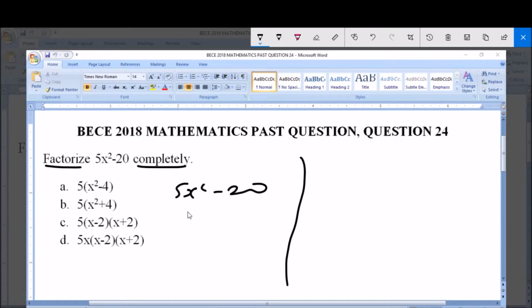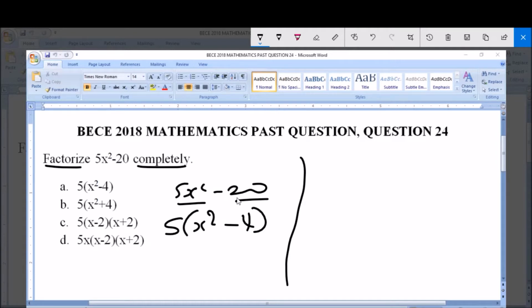To begin our factorization, looking at 5x squared and 20, you know that 5 is a common factor of these two figures here. 5 can go into 5x squared and at the same time go into 20. So therefore we say 5 into x squared minus 4.